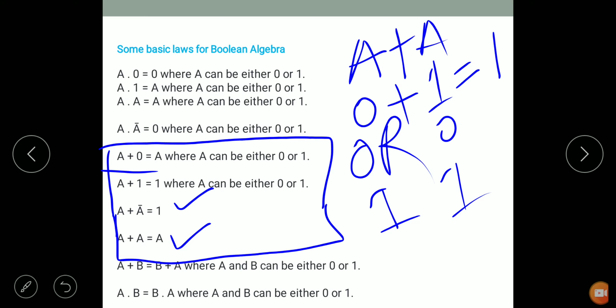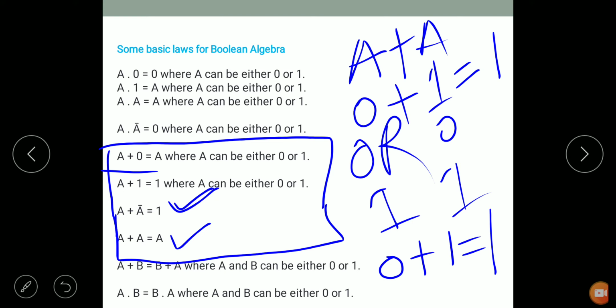A plus a bar means a and the complement of a. This law states that the result of an OR operation of a variable and its complement is always 1. Means if a is 0, then its complement is 1, so the answer is always 1.